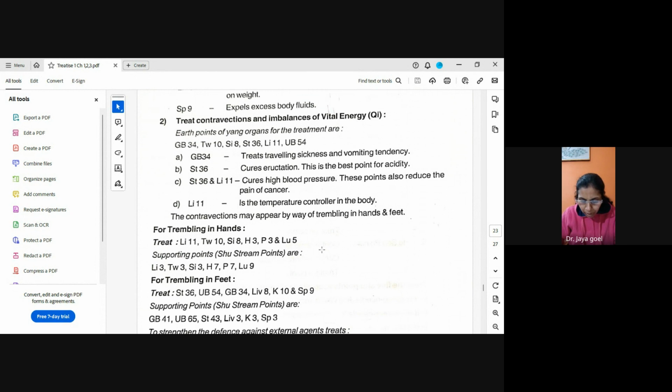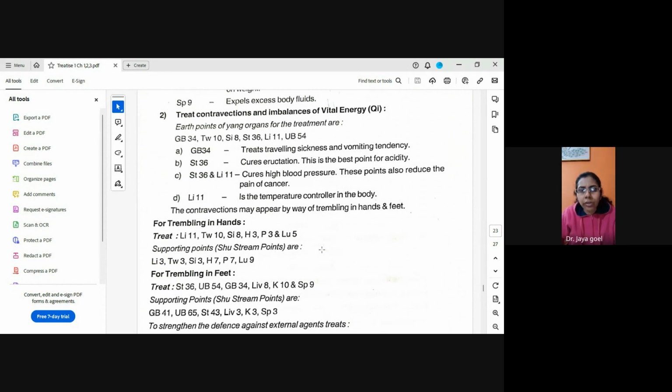For trembling of hands: trembling appears in contraction, showing in the hands and feet.